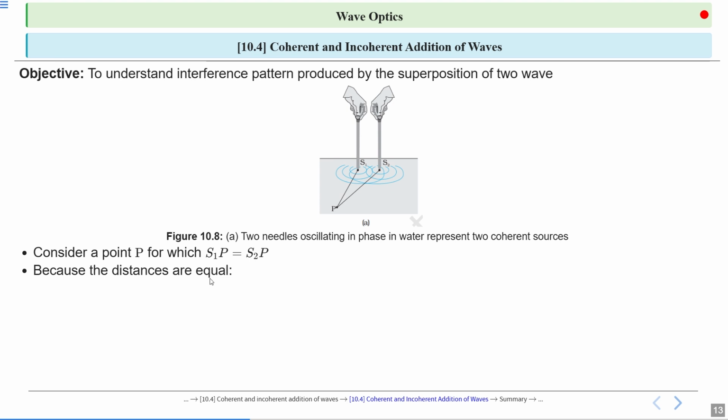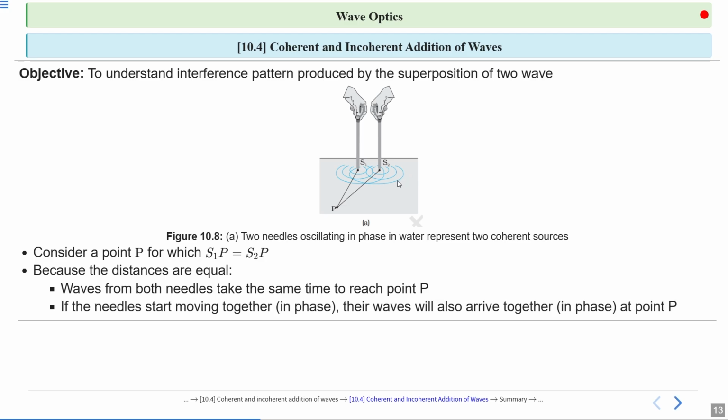Because the distances are equal, waves from both needles take the same time to reach the point P. So the time required by the waves to reach point P from S1 and S2 is the same.